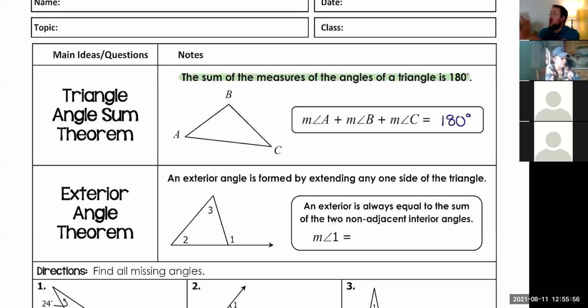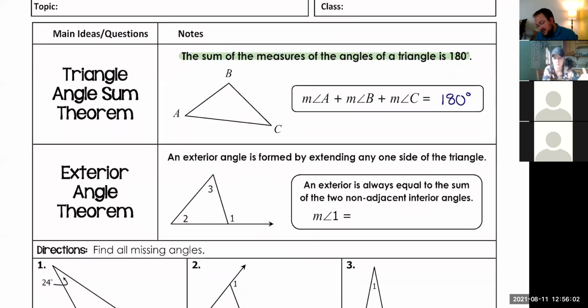That forms an angle on the outside of the triangle, which is called an exterior angle. Now, this theorem states that an exterior angle always equals the sum of the two non-adjacent interior angles. I'm going to emphasize non-adjacent.